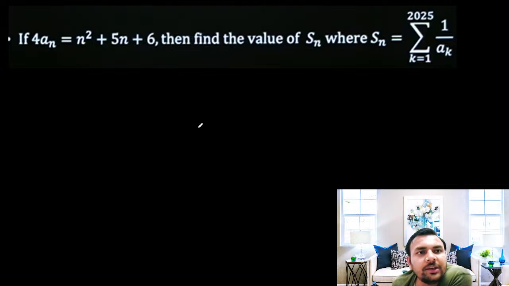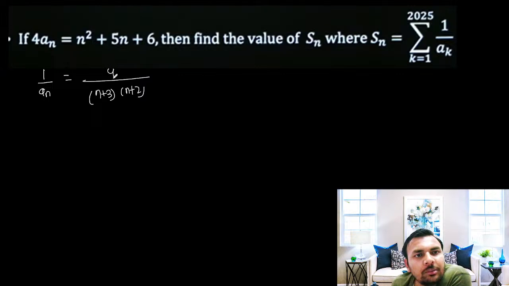So 1 by a_n is nothing but (n plus 3) (n plus 2) by 4. We have to do summation of this. Okay, so it is nothing but 4 times 1 by n plus 2 minus 1 by n plus 3.